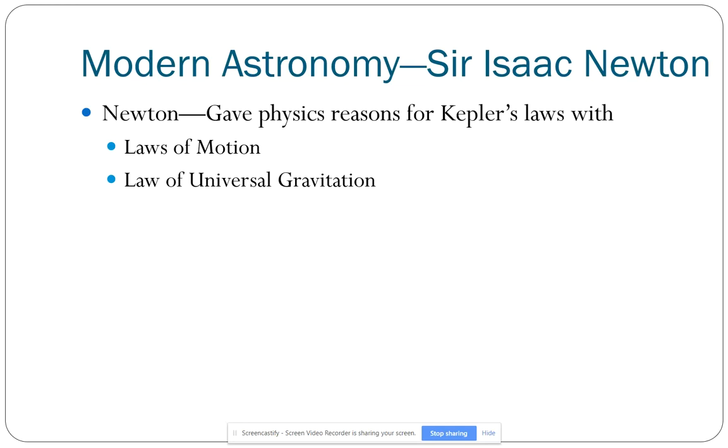And he came up with 3 laws of motion, developed some calculus so he could work with those, came up with the law of universal gravitation, and when he put it all together, he then had physics ideas to explain why Kepler's laws were true. Now suddenly they're scientific. Now they're based on science, not just based on, well, I saw a pattern.